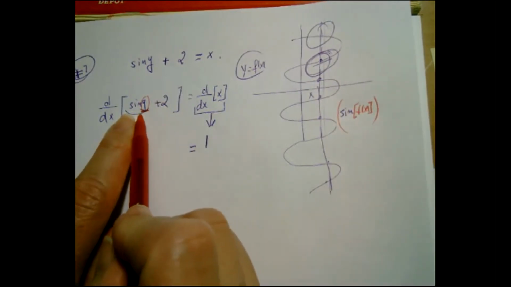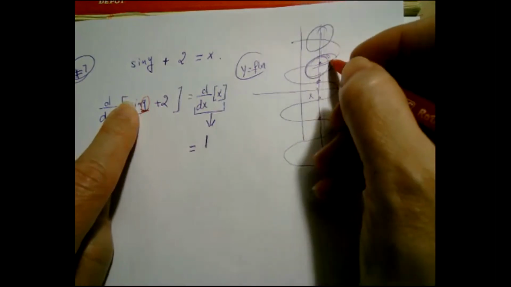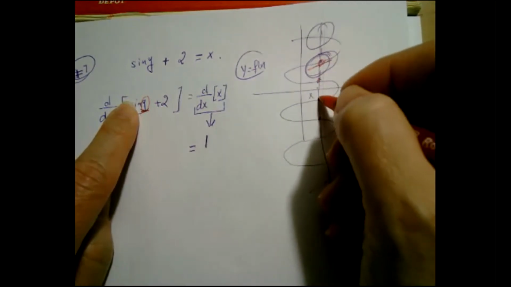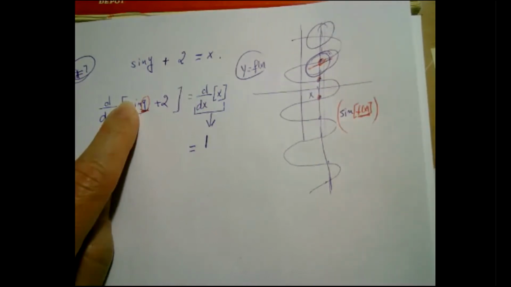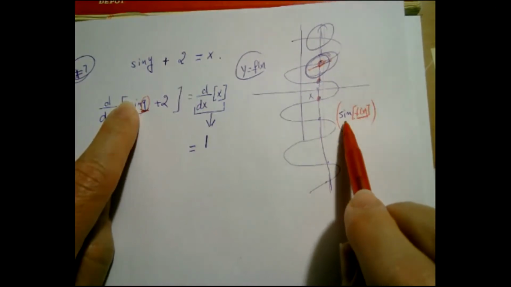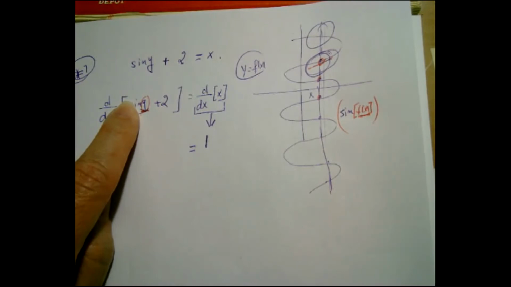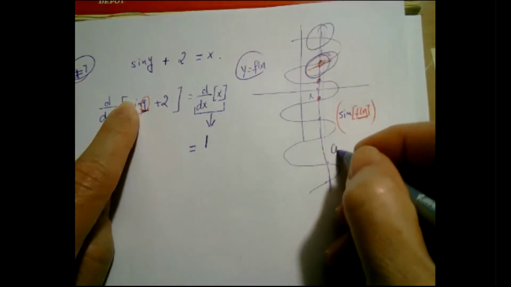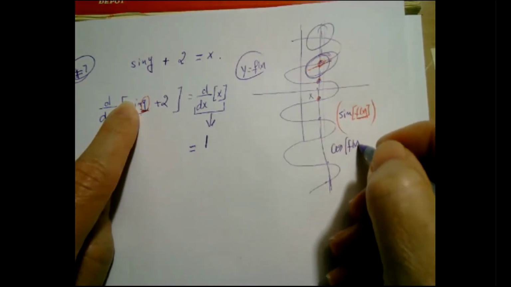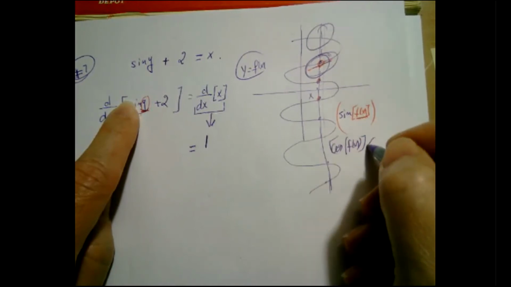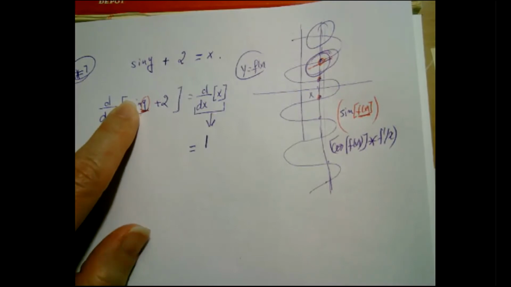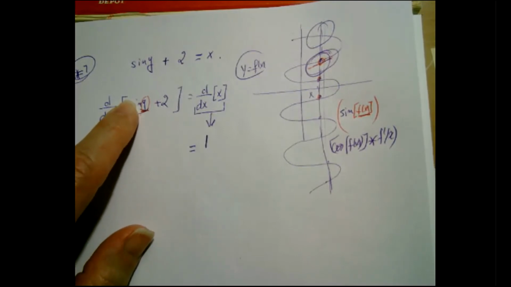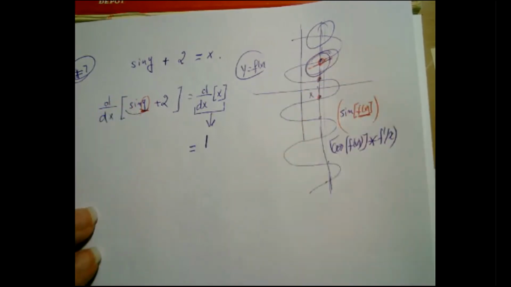Unless you keep this in mind, we will not be able to do that. It's not just the sine, because y is a function of x, but the rule is changing. But for us, it's not a y, it's a function of x. So if I tell you find the derivative of sine of f, you tell me it's the derivative of the outside evaluated at the inside times the derivative of the inside. That's the same picture here, but a bit more abstract because I don't know what f is.